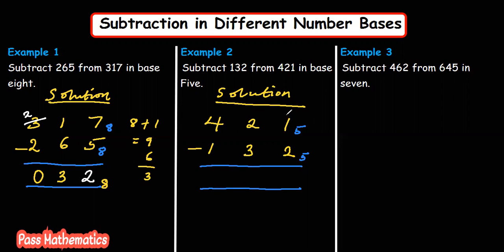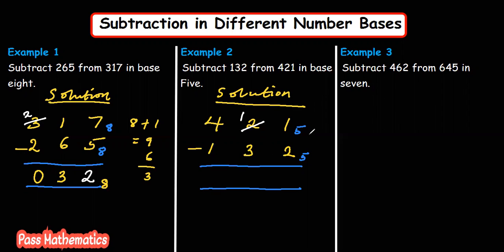So again, look at this 1 minus 2. We cannot do 1 minus 2 because we are going to have a negative value and we don't want something like that. So again, in this case, we are just going to borrow from our friend here. We are going to borrow 1 from this guy, and then this becomes 1.